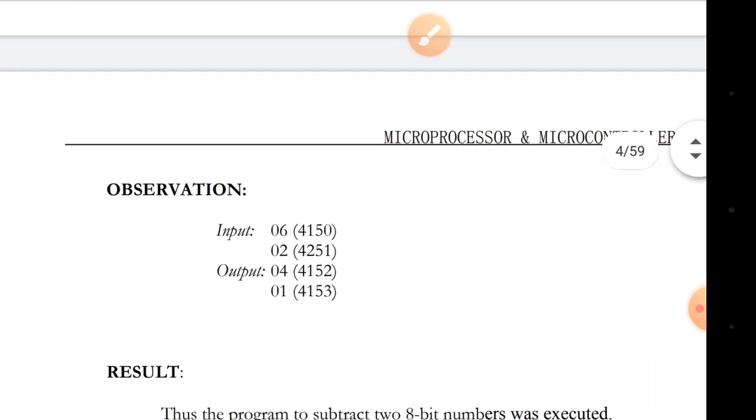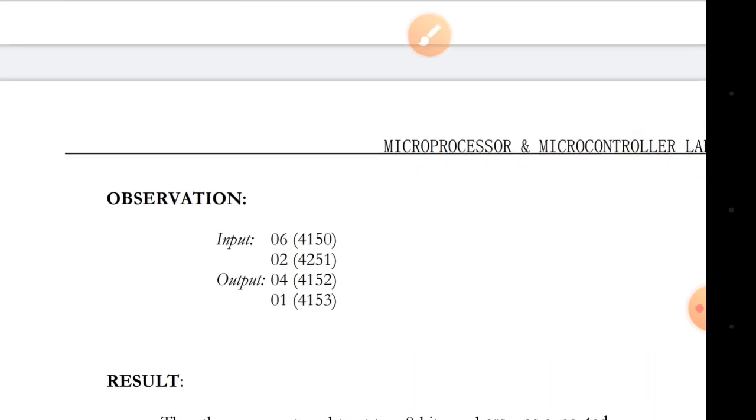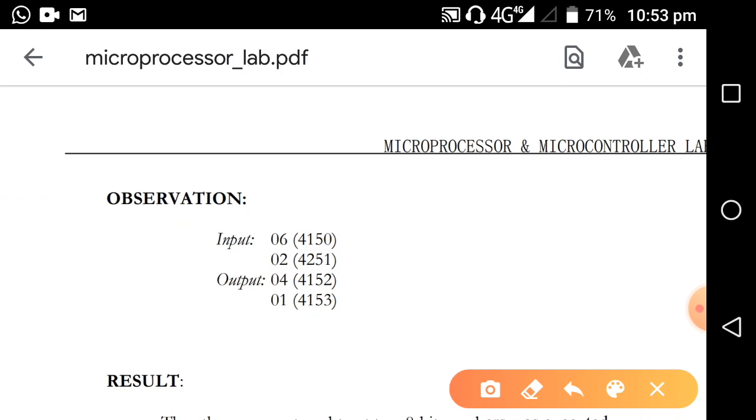Okay, so let us take an example. Suppose the input at the 4150 location is 06, so first it is moved into the accumulator according to the program, and after the MOV B, A instruction, this content moves into the B register.